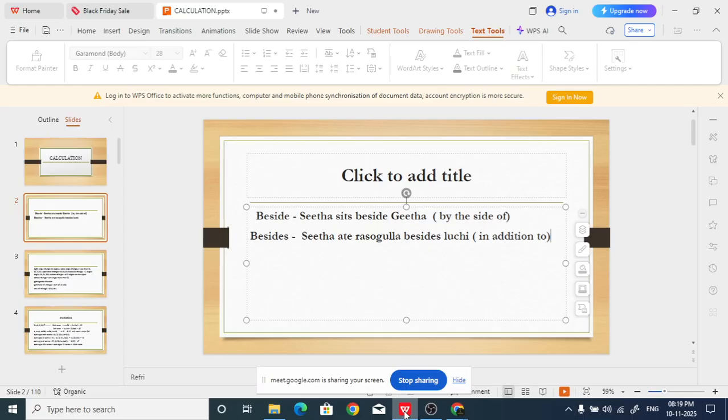Very good. Fantastic. So I will write it, whatever she has said. My house is beside the theme park. Okay, theme park. Very good. Can you make a sentence using besides? Yes, sir. The bakery sells delicious cakes besides its famous bread.